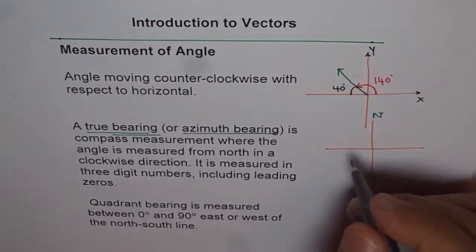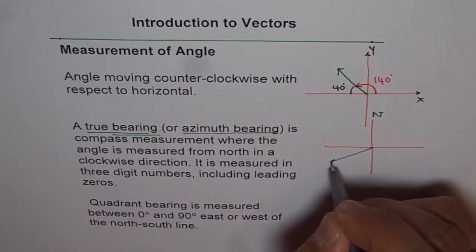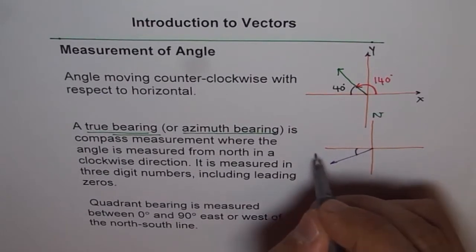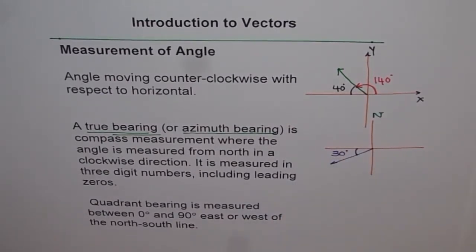Now I'll make another one here, and let's say this time in this quadrant. Now, let's say this makes 30 degrees from the minus x-axis. Now, what is the true bearing angle for this? Let's try to measure that. The true bearing angle for this is when you measure from north, right? Let's do it.